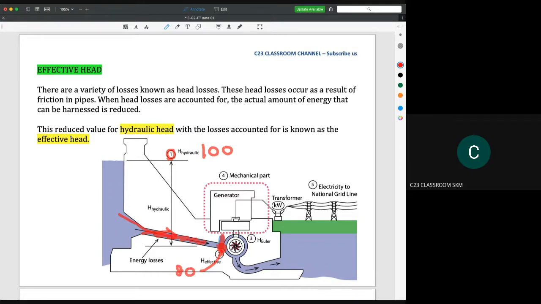So it means that 20% is lost along the way. Now the energy, 80 energy here, is actually the effective energy. Okay, so that's why we call it the effective head. So the effective head is the energy head at the inlet of the turbine. That is the simple definition of effective head.